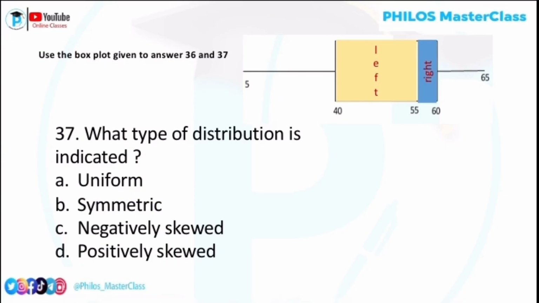For this particular one, the left is bigger than the right, so it is left skewed. So the correct answer is option C, negatively skewed. Remember I said left skewed is the same as negatively skewed, and right skewed is the same as positively skewed. So let's proceed to the next question.